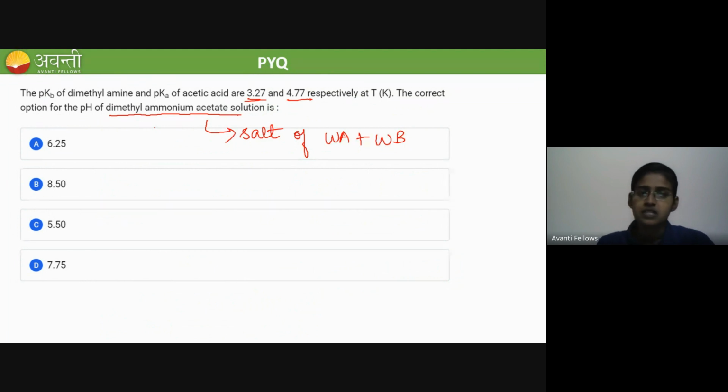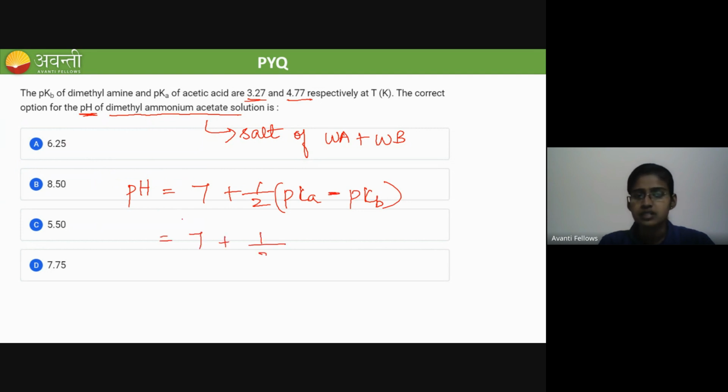For this, we have to find out the pH. For weak acid and weak base, what is the relation to find out the pH? Last time, I gave you 3 relations, right? In that, 7 plus 1 by 2 pKa minus pKb. This relation, the first relation, we have to use. So it is 7 plus 1 by 2.